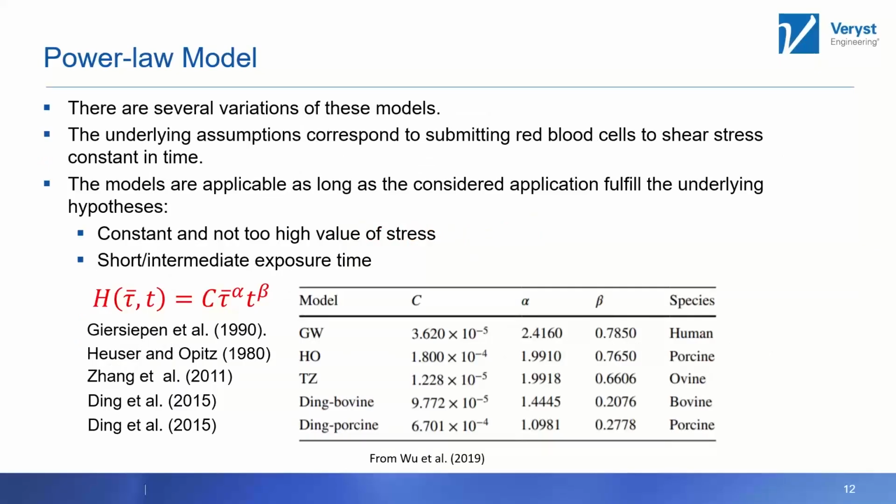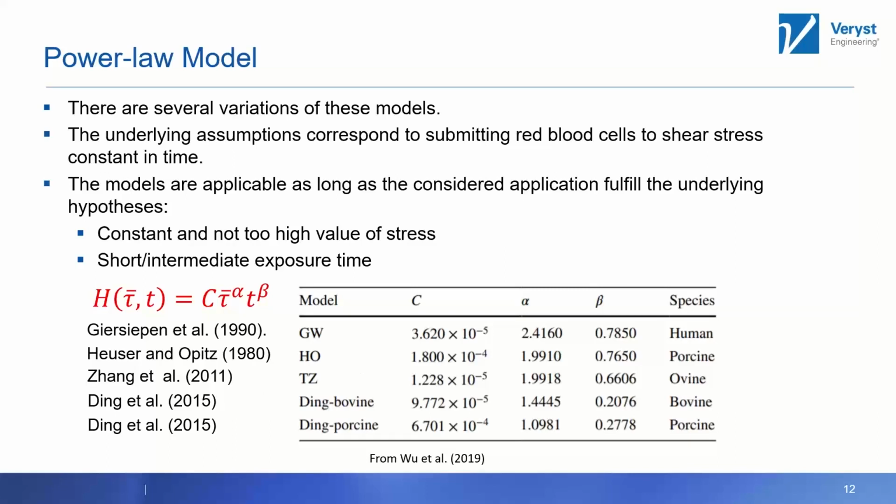Now, there are several variations of these models, and several values for C, alpha, and beta are proposed. Different values of C, alpha, and beta are proposed by different groups in this table.